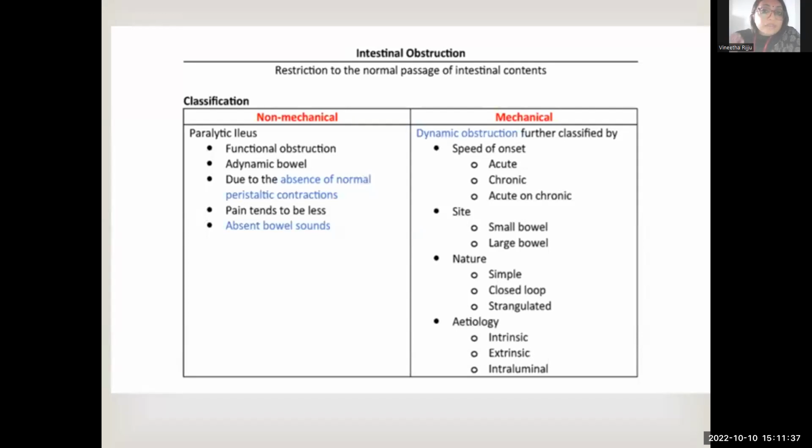This itself can cause obstruction. Whether the obstruction, something which is occluding the opening of the intestine, is it actually sitting inside the intestine? It is called intrinsic. Is it actually sitting outside the intestine wall? It is called extrinsic. Is it within the intestinal wall, which is growing into the lumen of the intestine? It is called intraluminal.